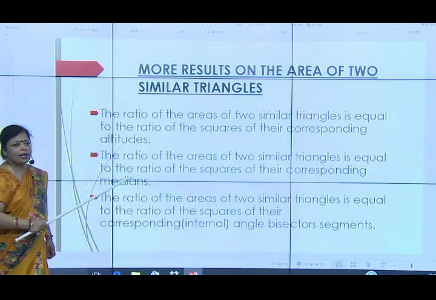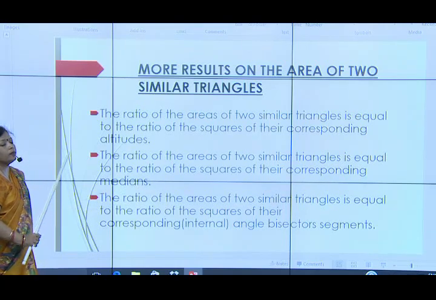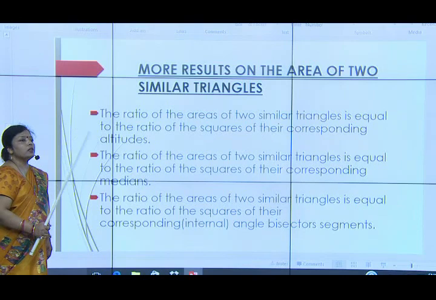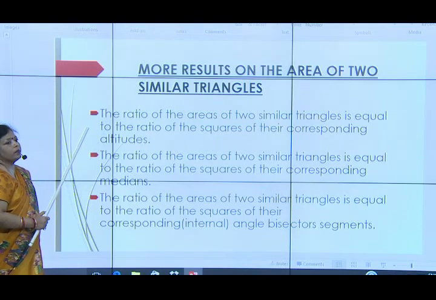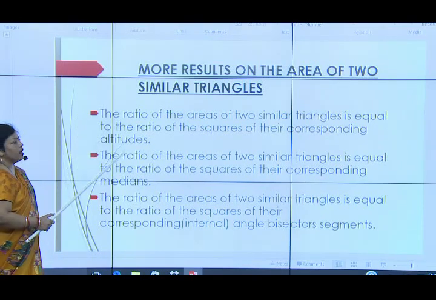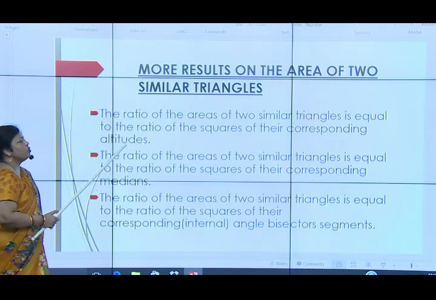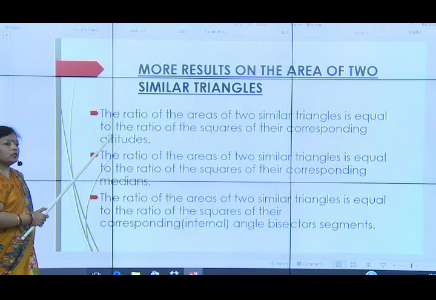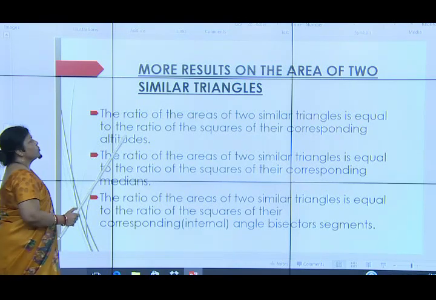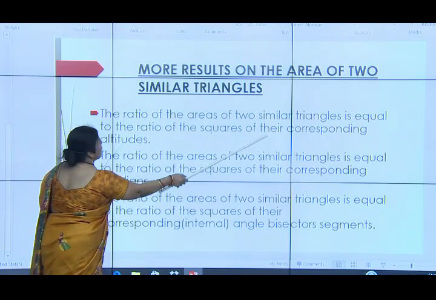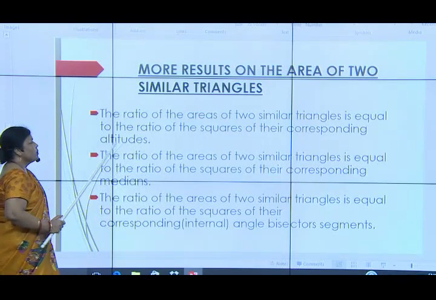Children, instead of sides, if instead of side square its altitude is given, then the ratio of the areas of both the triangles will be equal to the ratio of the squares of their corresponding altitudes.